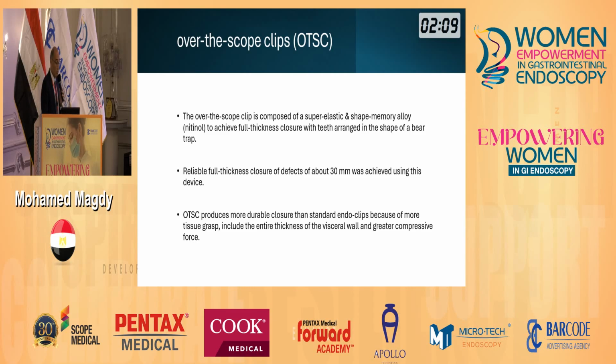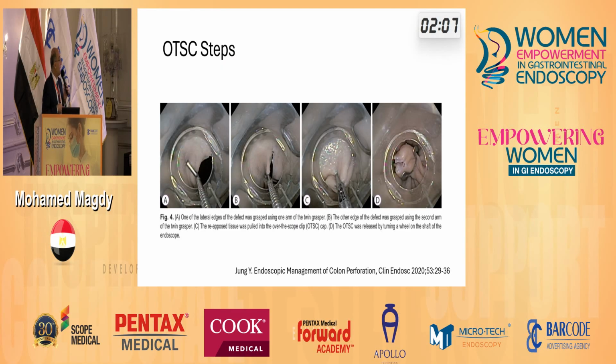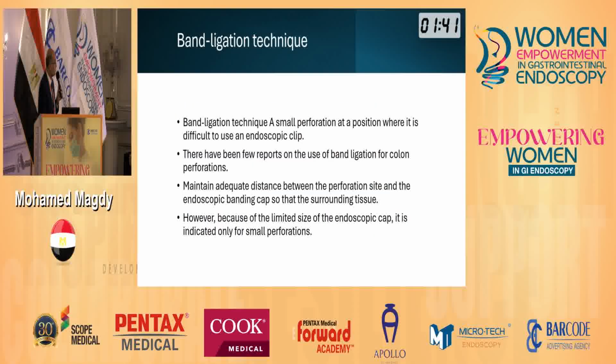This type is an over-the-scope cap, and we have a grasper to catch the perforation edge and pull it inside the cap and deploy the clip over it. And please don't make strong traction on the tissue, so as not to pull other structures behind the colon.